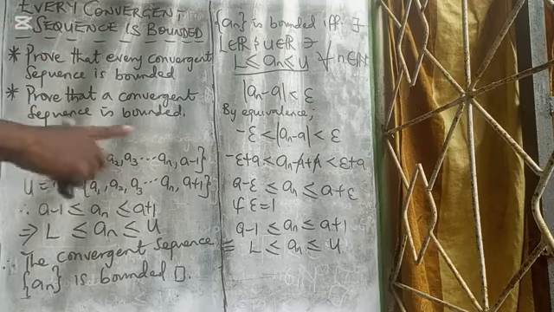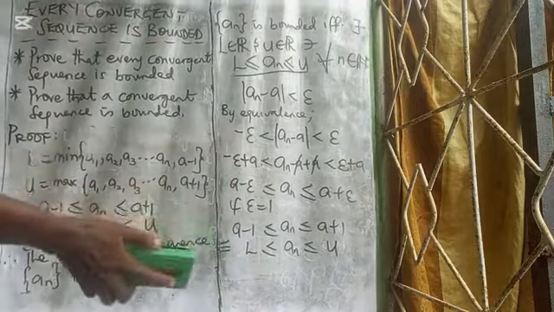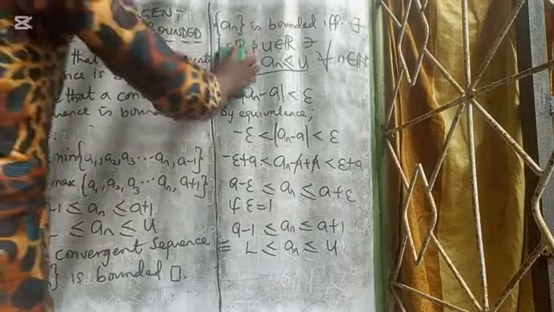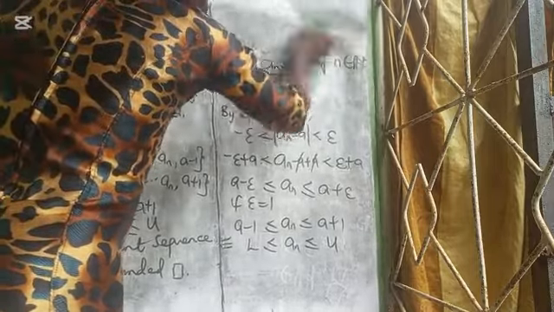However, the converse of this statement is not true. And what is the converse? We'll just quickly bring that out. But this is the proof we want to show. We just want to show that the converse is not true.